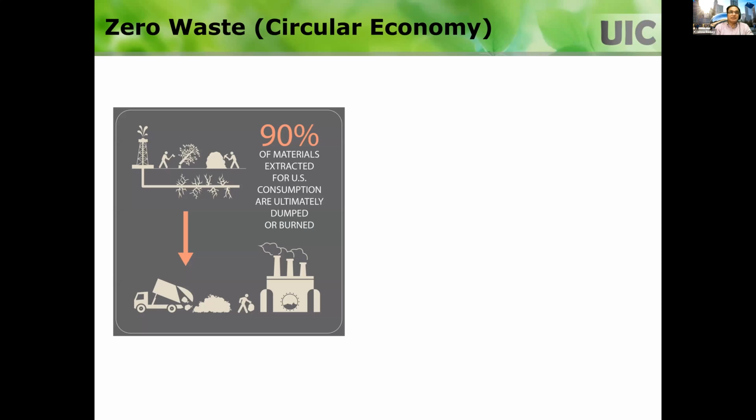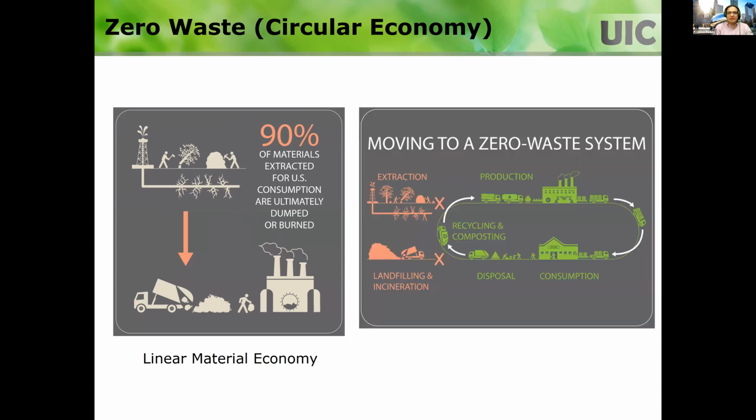So now the concept is zero waste or circular economy. You probably heard about circular economy. What is it? Basically, linear economy is this. You use it and you throw it. It could be going into the incineration or to a waste dump. That's it, one-time use, and you dump it.